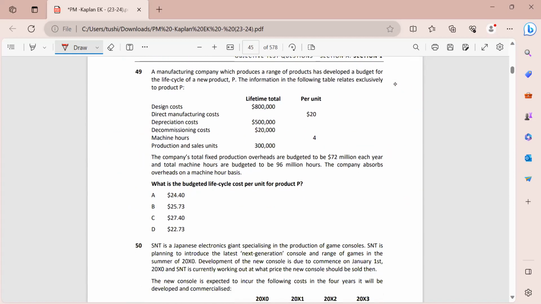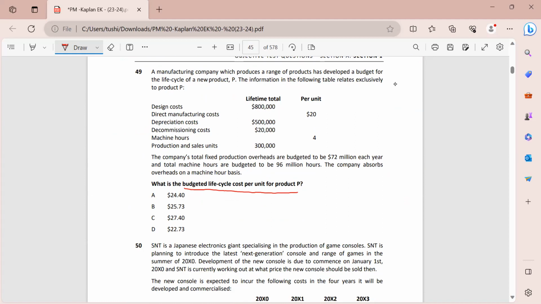Moving on, a manufacturing company which produces a range of products has developed a budget for the life cycle of a new product P. The information relates exclusively to product P. We have to find out the budgeted life cycle cost per unit of product P. So let's find out. First of all, we have the design cost. Direct manufacturing per unit is given, depreciation, decommissioning, machine hours, and then we also have our production and sales units.